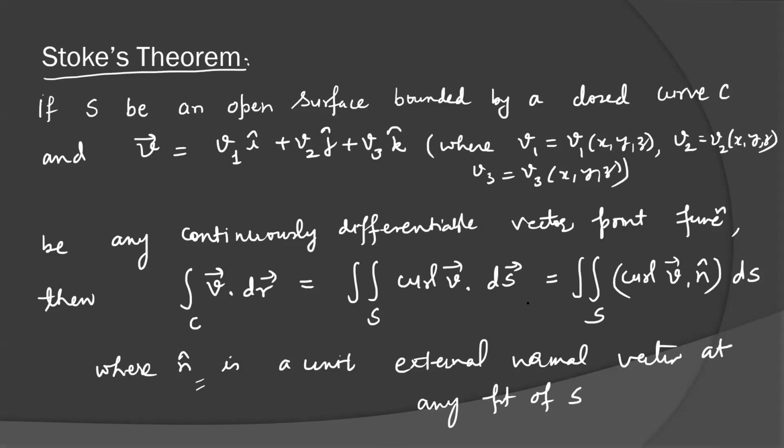That's a gradient of the phi function, any given scalar function which may be given curve actually, and the magnitude of del phi. You can see how to find n cap in the gradient lecture. If we use f notation, then it will be f dot dr equal to curl f dot ds vector or curl f dot n cap into ds vector. It depends whatever notation you want to follow.